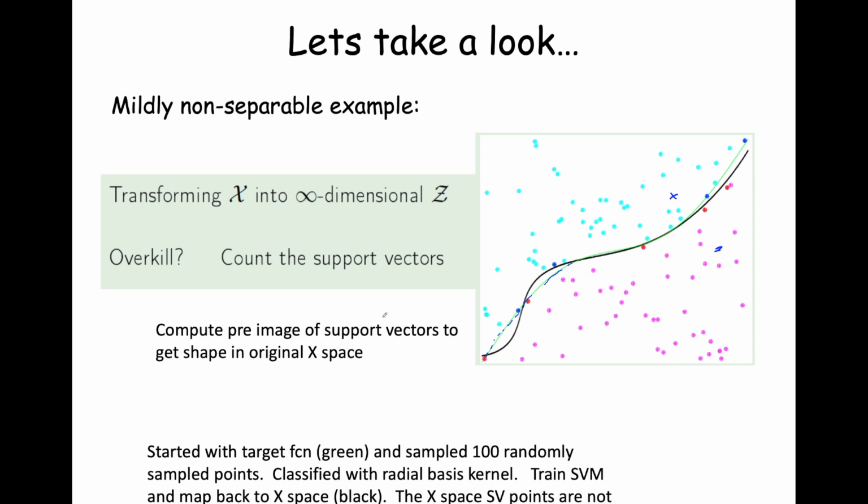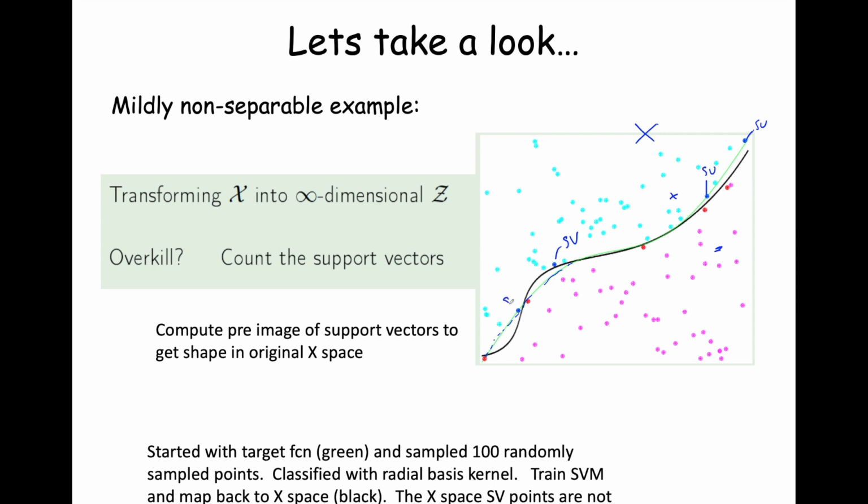Now, using a radial basis kernel, you get the following result. And the support vectors we find in Z space through the radial basis kernel, if we compute the inverse of the support vectors, we can identify them back in X input space. So this is a support vector, this is a support vector, this is a support vector, more correctly, a pre-image of the support vectors.